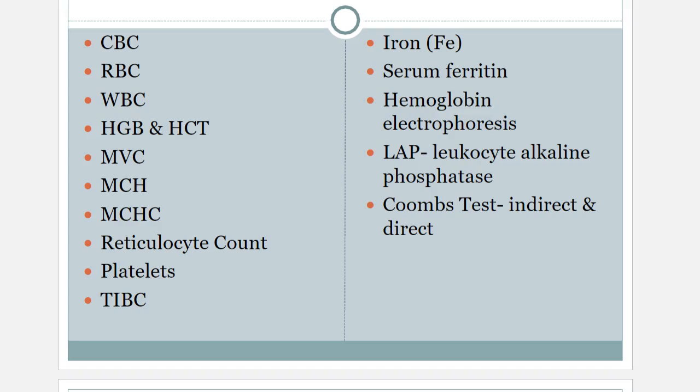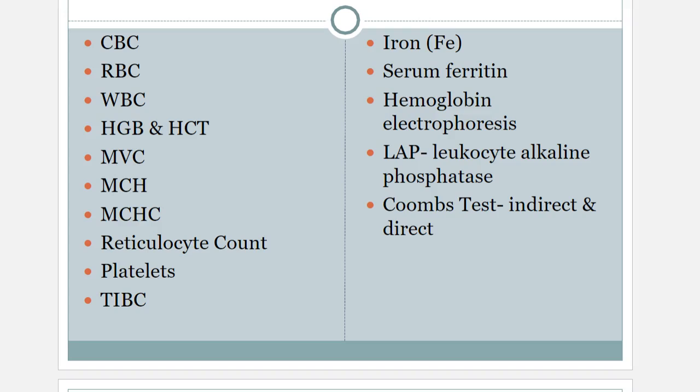For instance, with sickle cell, which we're not going to talk about because you'll get this in pediatrics, if they have the S chain, that would be indicative of sickle cell. There's also hemoglobin F, hemoglobin A, and that is what we're trying to look at when they do this hemoglobin electrophoresis.